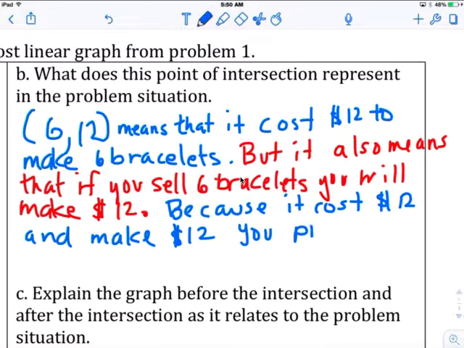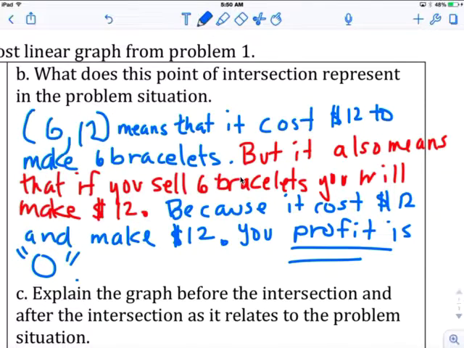Your profit is 0. That's what it means, your profit, what you take home.